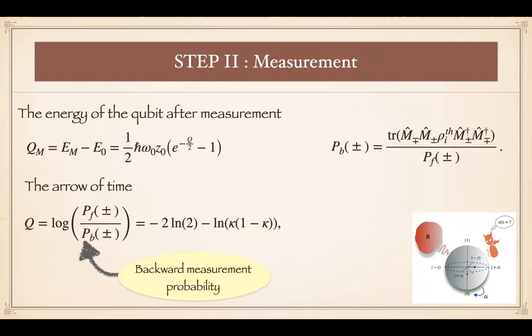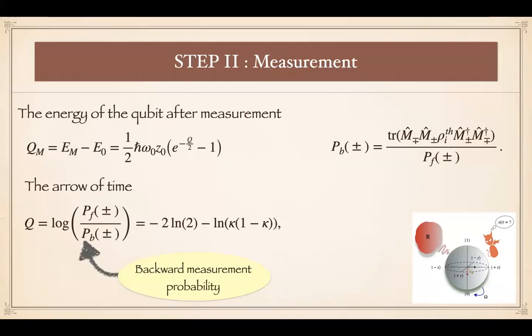There's a difference between forward and backward probability, and the difference is written in terms of the arrow of time. So which way you are going, forward or backward, right? The arrow of time would be the logarithm of this forward probability divided by the backward probability. And the backward probability is given here, which is just the probability, given that you made a forward measurement, of making the time-reverse measurement on that.